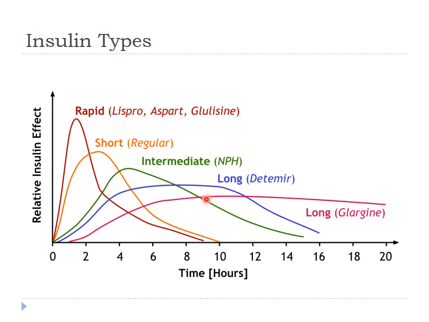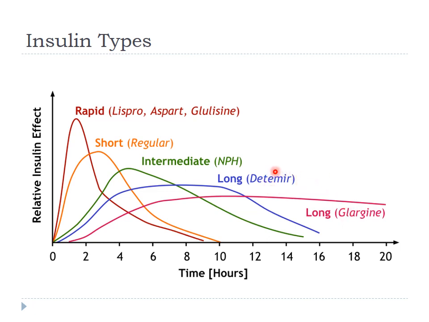So this is for somebody who does injections, not a pump. If you're doing injections, you will ideally use a long-acting insulin to cover the background insulin, and then over and above that, when you eat, you need to take care of the sugar that will spike. So a really good pattern is a long-acting insulin, an expensive long-acting insulin, in the background, either once or twice a day, depending on which one you're using.